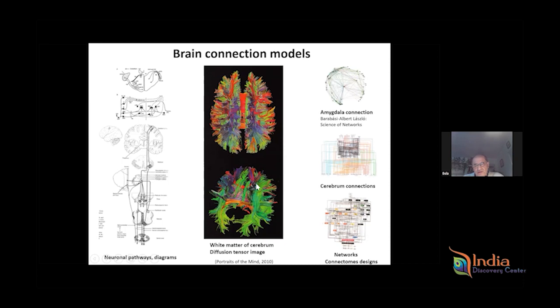A new technique, diffusion tensor imaging, shows how the axons, the neuronal fibers, can be seen in the brain.